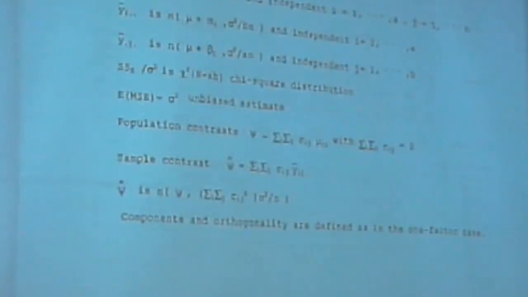So I've got to add the degrees of freedom up, and I get ab times n minus 1. Well, little n times ab is what I call in the notes capital N, and then minus ab. So we get that, and that's what it claims back on the sheet here. That's the distribution of sum of squares error.